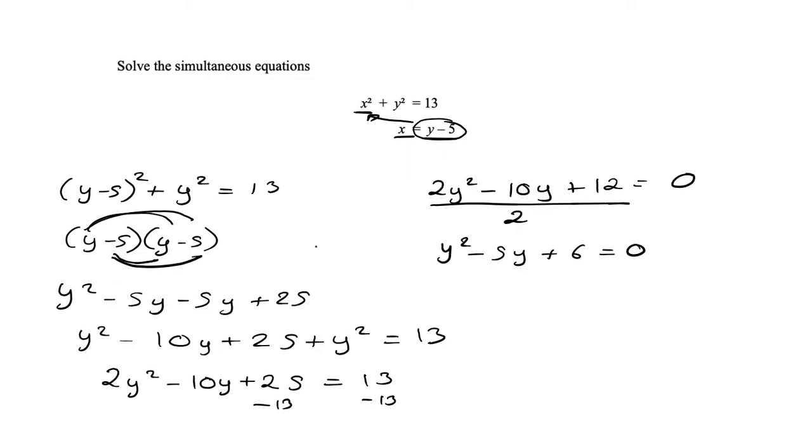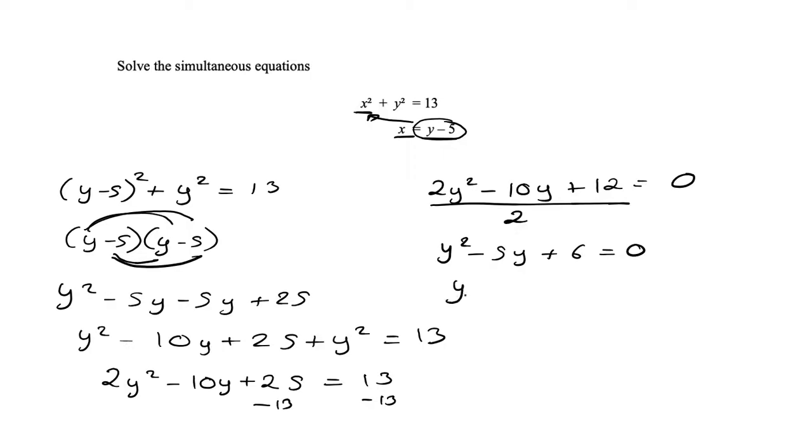Now from here we can solve it. We need two numbers that multiply to positive 6 and sum to minus 5, and you can get the numbers minus 2 and minus 3. Minus 2 and minus 3 multiply to positive 6 and sum to negative 5.